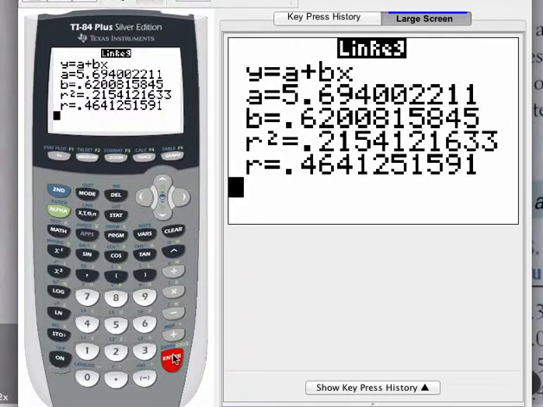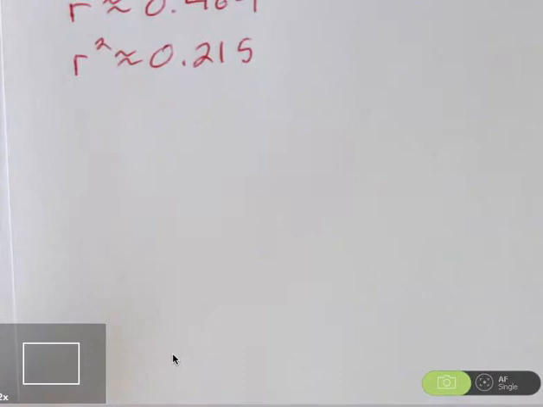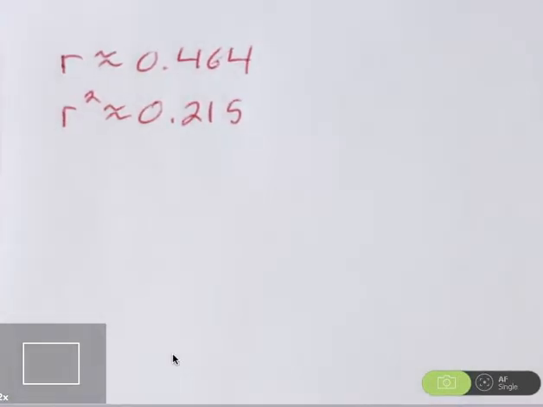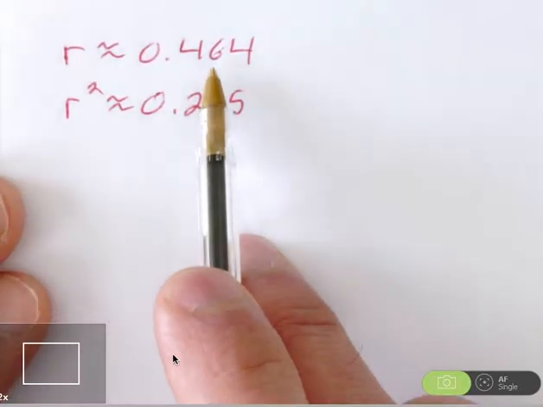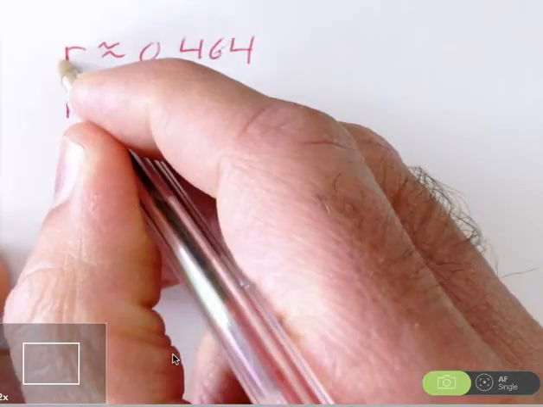When you write about R and when you write about R squared, you write in very different ways, so it's important to take a look at that specifically. So here are the values. R is 0.464. The correlation describes the strength of the linear relationship.